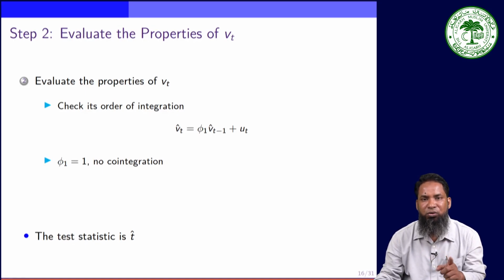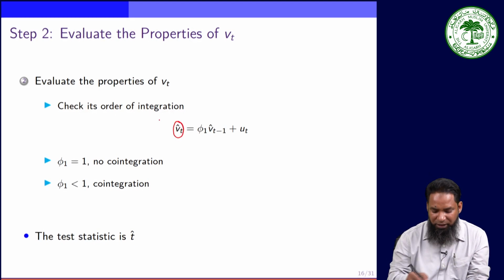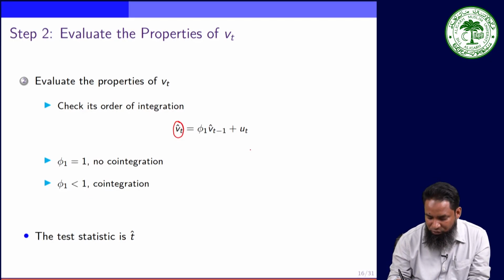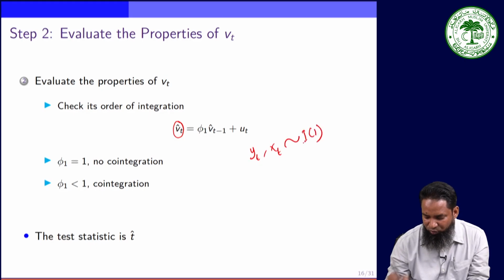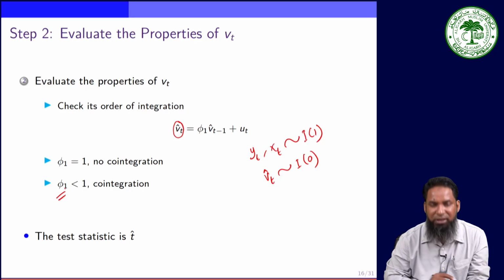In that case, there is no cointegration, because xt and yt were assumed to be integrated of order 1, so there is no change in the order of integration. However, if phi 1 is less than 1, that means this series is stationary. Then we will say there is cointegration. Since yt and xt both were integrated of order 1, the linear combination of these two results in estimated residuals that become stationary, because phi 1 is less than 1.